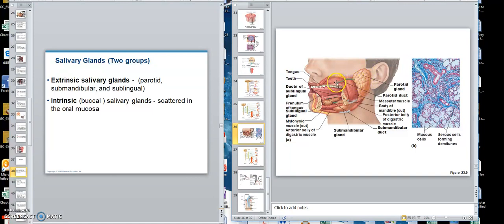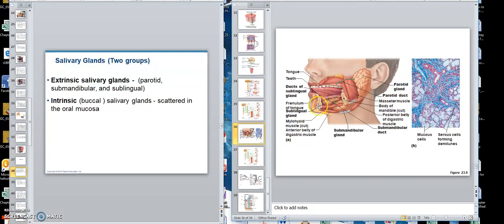It comes across with this parotid duct, which is right there. And then we've got the submandibular glands right there, and here's that submandibular duct.